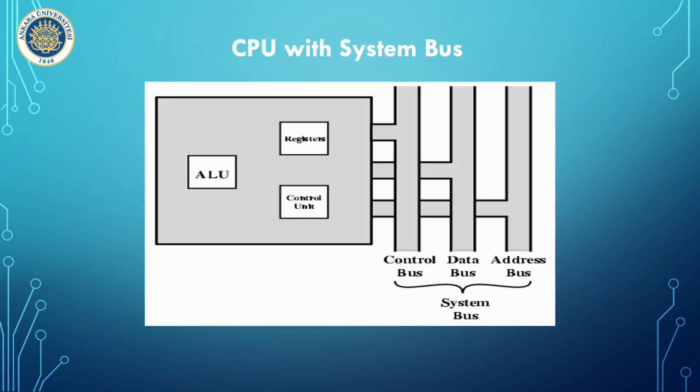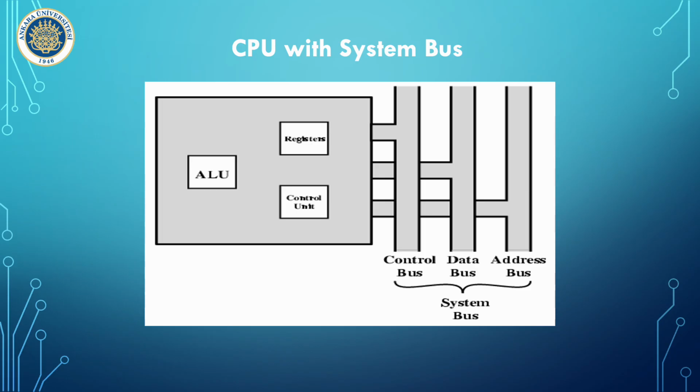This slide shows the CPU connected to the rest of the system using the system bus. The CPU does not access memory or I/O devices directly. Instead, it sends addresses, data, and control signals over the bus. The address bus tells which memory location or device is being accessed.